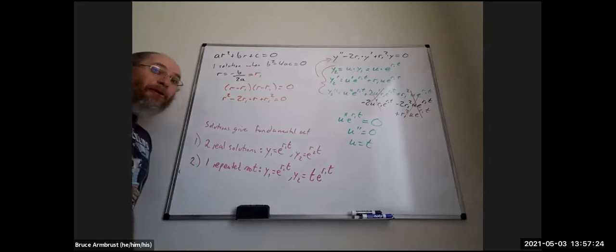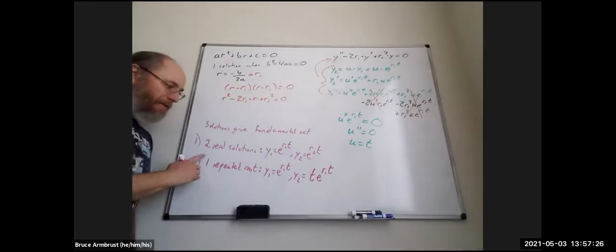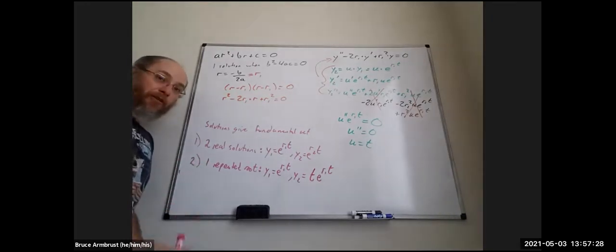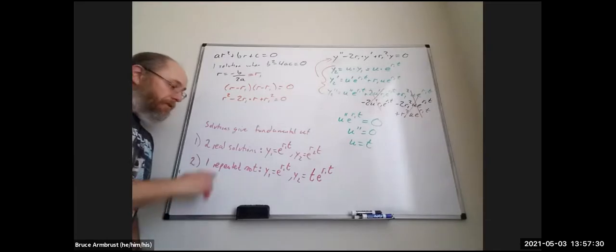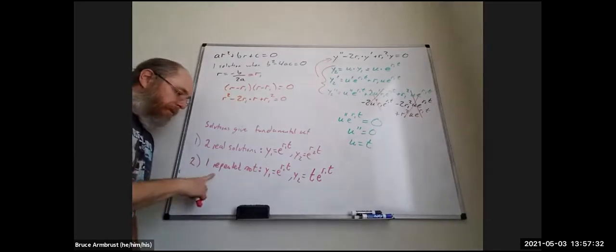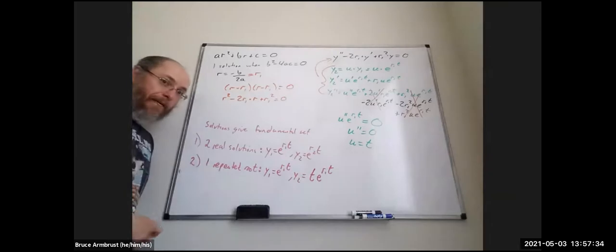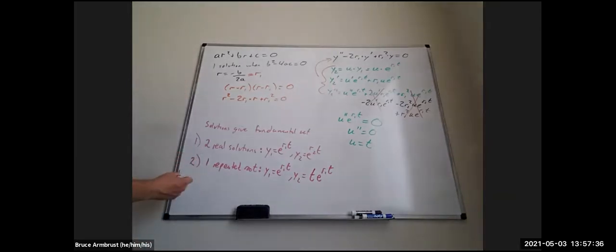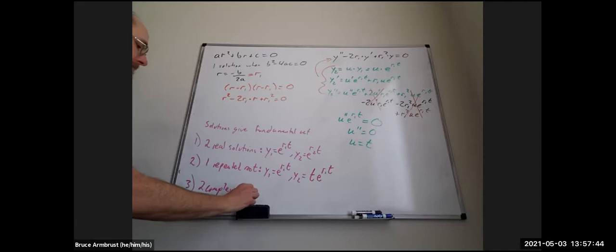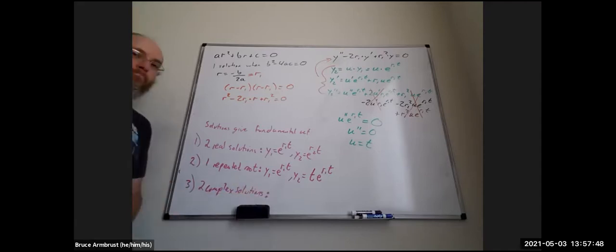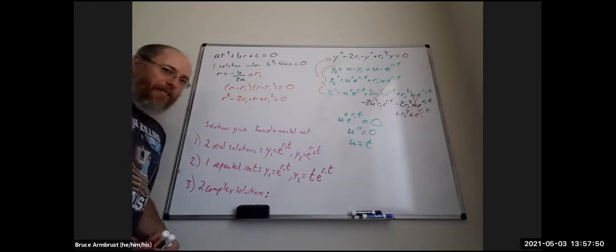But there's actually a third possibility. When you solve a quadratic, you can get two real solutions. You can get the one solution that's repeated. But the other possibility is that you get two complex solutions. And so the question is, what do we do then?